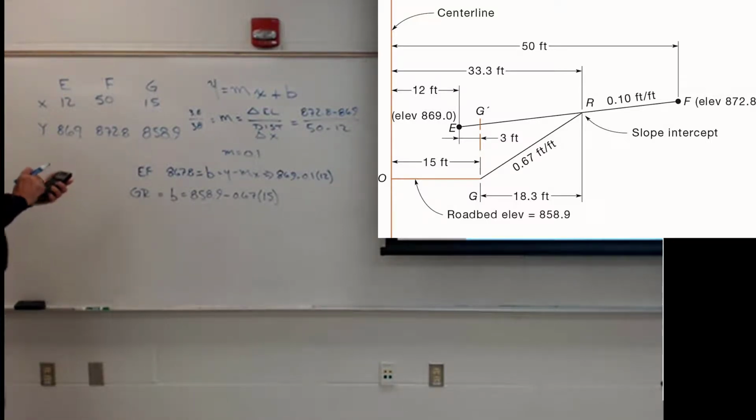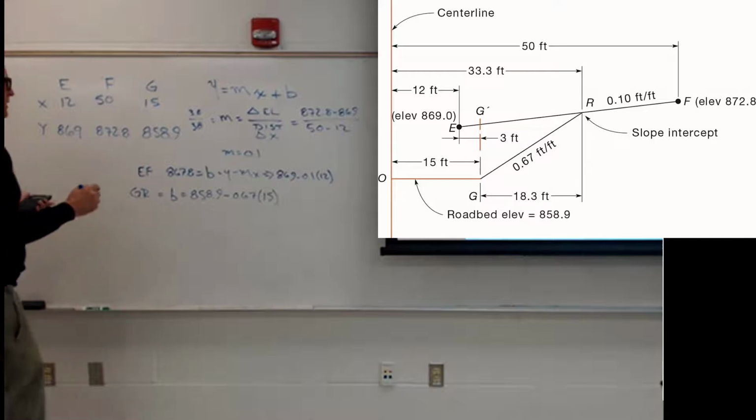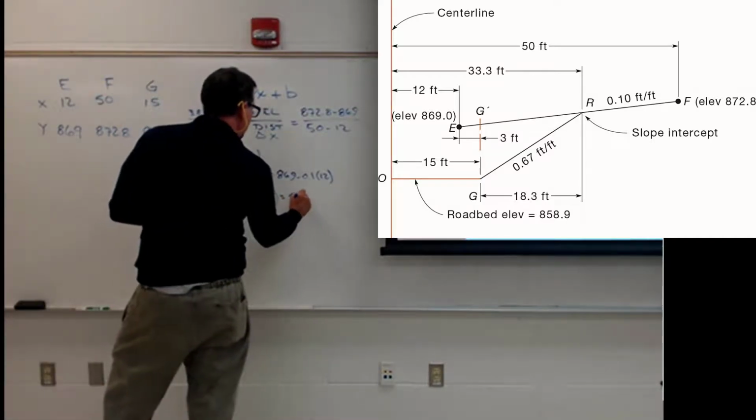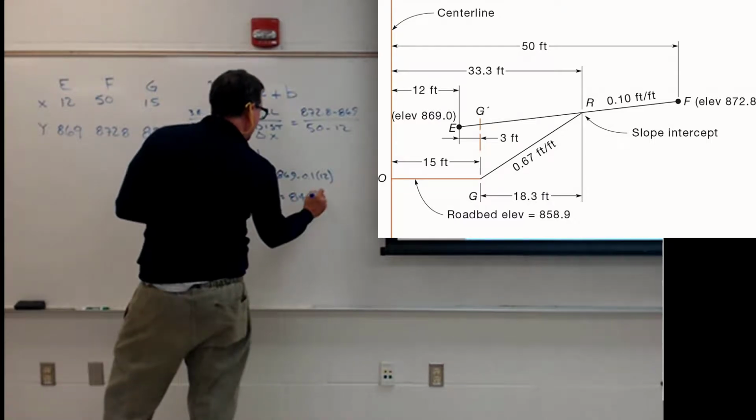They've actually, that 33.3 is their solution. So 15.667 times 858.9 plus, okay, B is equal to 848.9.